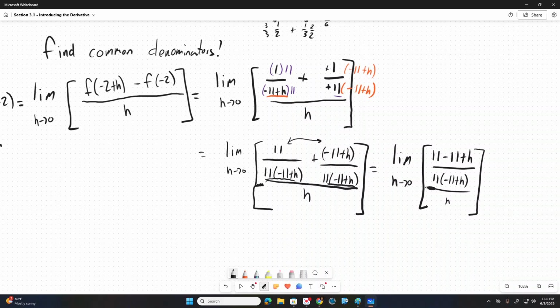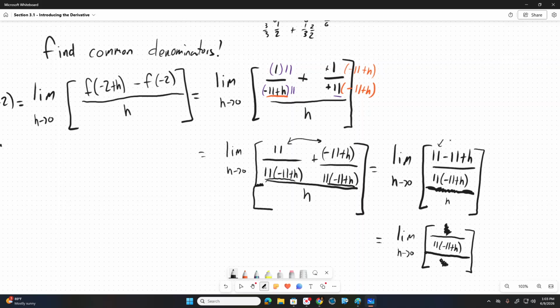And maybe I'll just choose to make this one a little bit bigger so we remember that this fraction is being divided by h. Notice the 11 minus 11 cancel, and this is the limit as h approaches 0 of h divided by 11 times negative 11 plus h, all of that divided by an additional h. And I can divide in the same way that I've done all the other times.